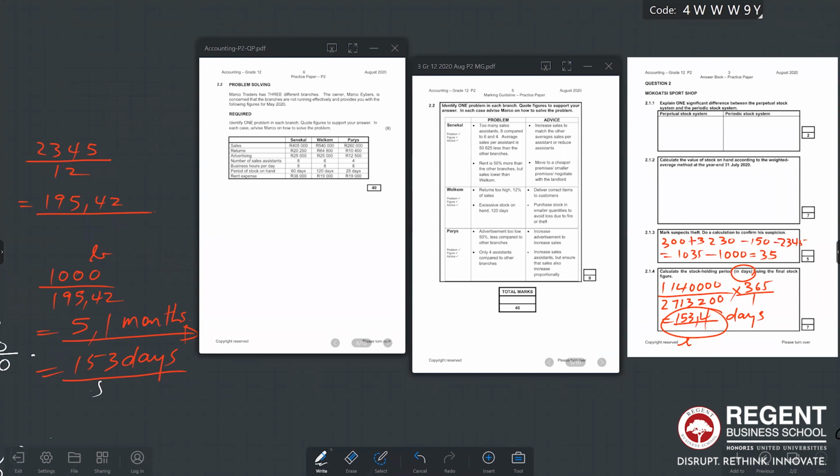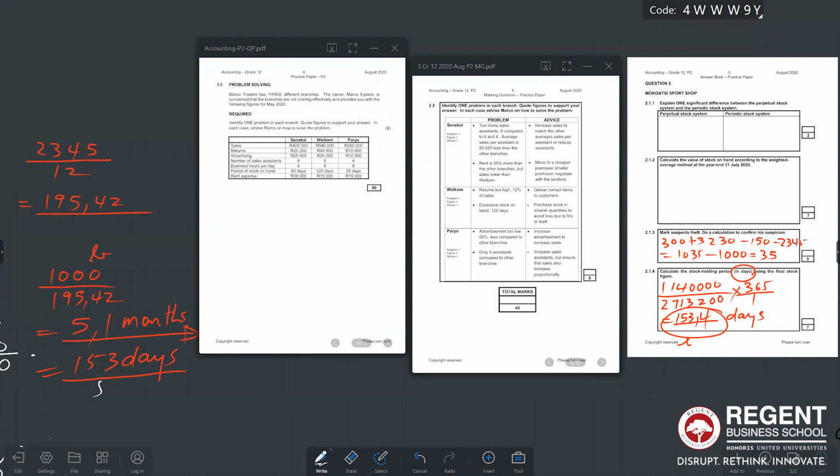So in other words, they have too many sales assistants, 8 compared to 6 and 4, and the average sales per assistant, how they got 50,625, is by simply taking 405,000 rands divided by 8. That is the average per staff member.